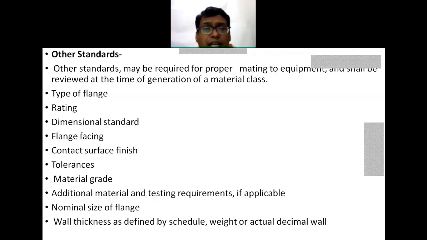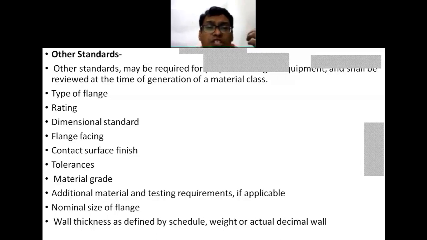The rating terminology related to flanges is very essential. Rating refers to the sustainable pressure and temperature conditions, so that it will have the specific dimensions for that flange, specific thickness, and material of construction. That is all included in your standard ratings.